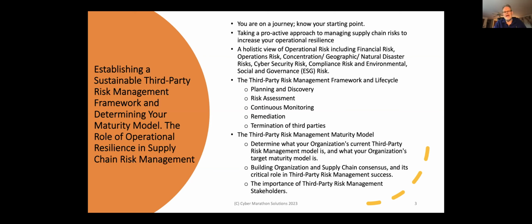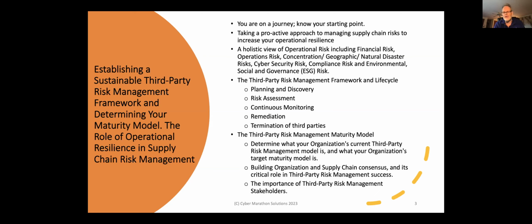The need to take a proactive approach in managing your supply chain risk with a goal of ensuring that you establish operational resilience. Who are your key third parties? Which ones do you consider critical? And how have you ensured that they have sufficient capacity to support your critical business initiatives and functions?